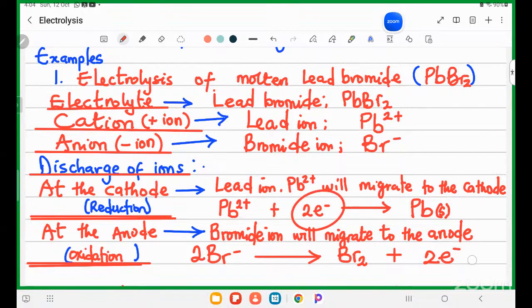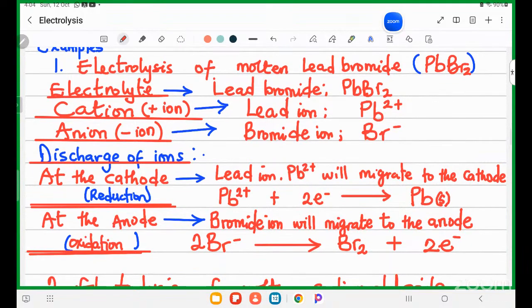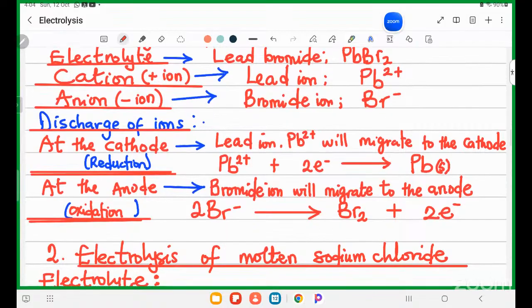So the 2 electrons can cancel out. In a situation where you are asked to write the overall reaction, the 2 electrons will cancel out. One is at the product side and the other one is at the reactant side.